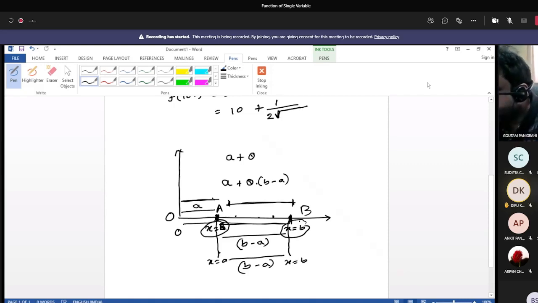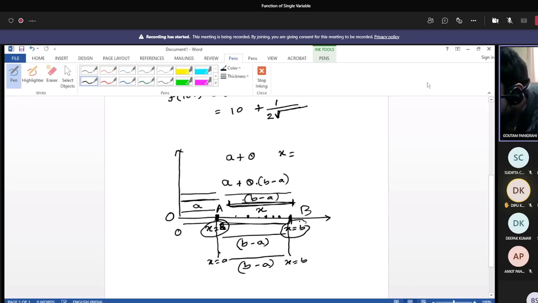So any intermediate point within the interval, suppose it is represented as x. So x can be written as the length of a plus any fractional value between 0 to 1 multiplied by b minus a.